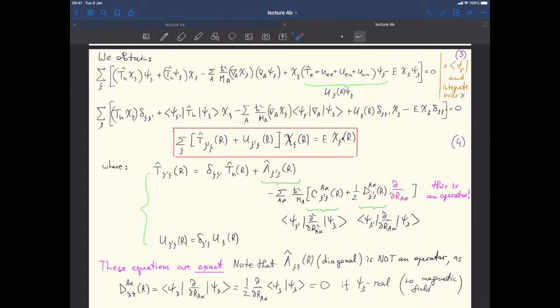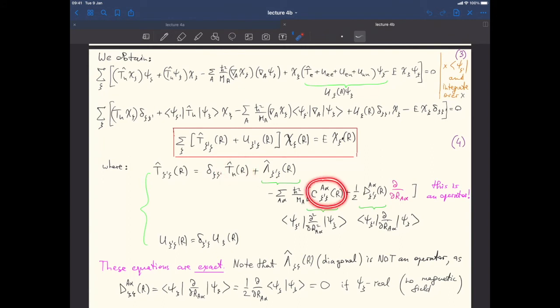And we also have another term in which this d is a similar operator, but with the first derivative with respect to the nuclei. But it also has this operator, the differentiation with respect to the nuclei coordinates. So that term is actually an operator, but the first-order differentiation. This kinetic energy is the second-order differentiation.